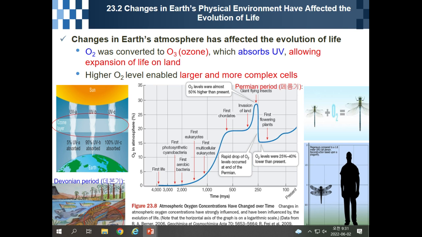In the marine environment there were a lot of animals, but on land there was no animal because of UV. But now some animals go onto the land, because oxygen allows the expansion of life on land.